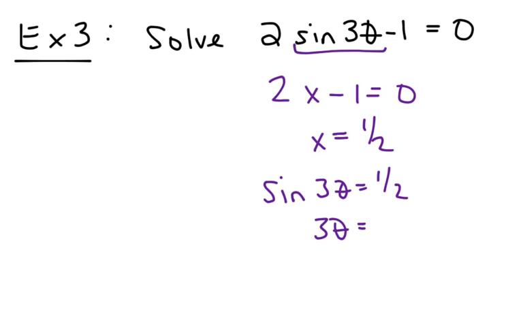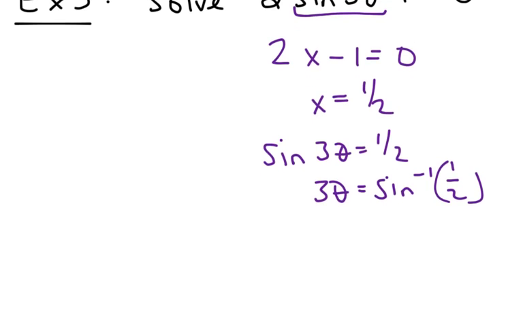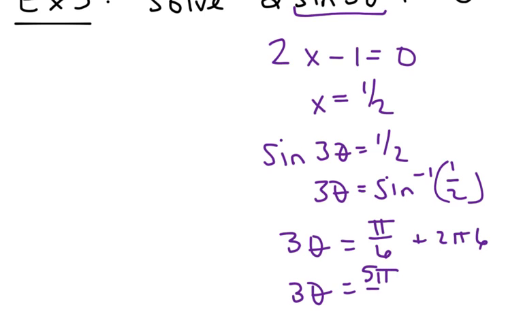When we go to solve this problem, we take the inverse sine of the other side. And since we've run across this problem several times, we already know that the inverse sine of 1/2 is going to be pi over 6 plus 2 pi k. And the other answer is going to be 5 pi over 6 plus 2 pi k.